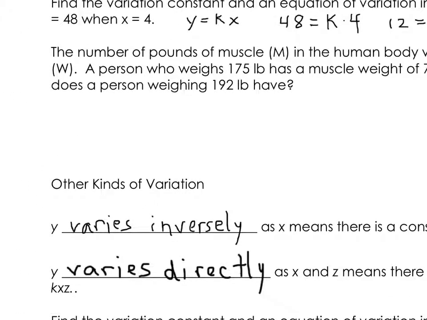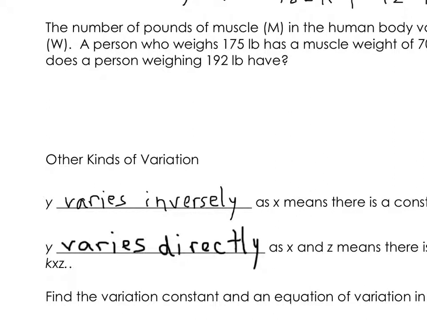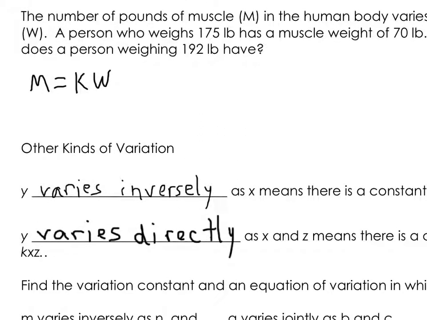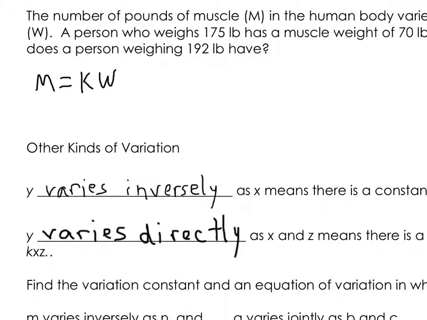We have direct variation here. The number of pounds of muscle varies directly as the body weight. Furthermore, we're told that a person who weighs 175 has 70 pounds of muscle.